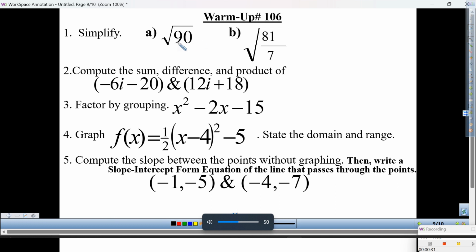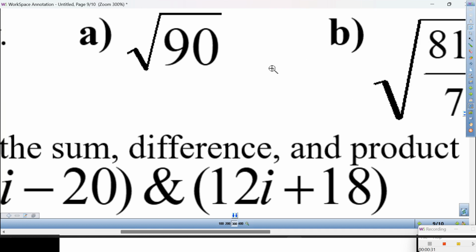Simplify. Number 1A. Look up to the screen. We're going to simplify that without writing it in decimal. So I'm going to look for two numbers that when you multiply them give us 90. What two numbers multiplied give me 90? Tell your neighbor.